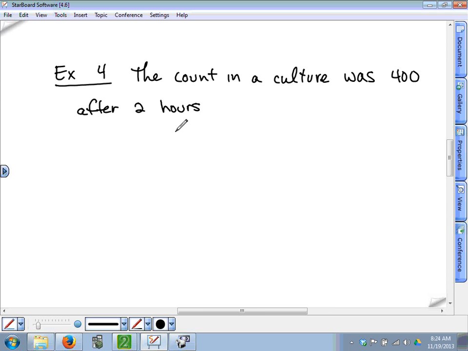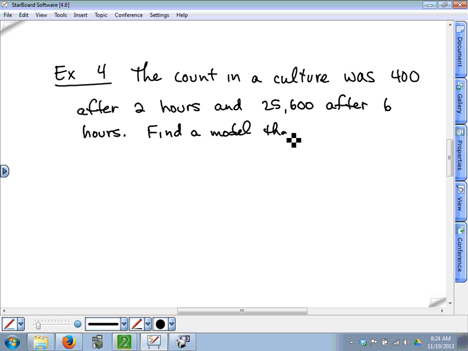And what was it, 25,400? 25,600? 25,600 after 6 hours. The task was to find a model that gives the number at any time t.